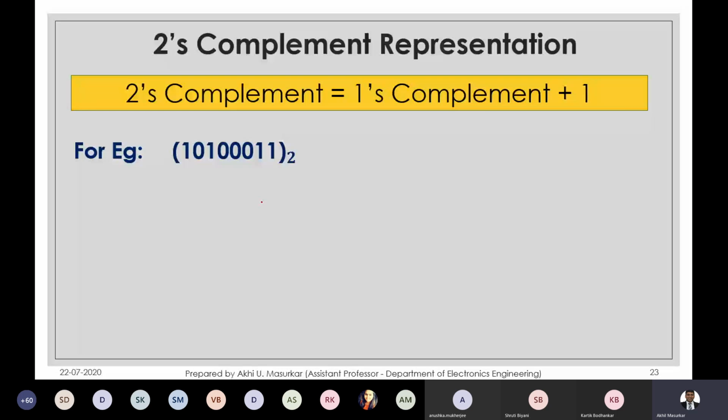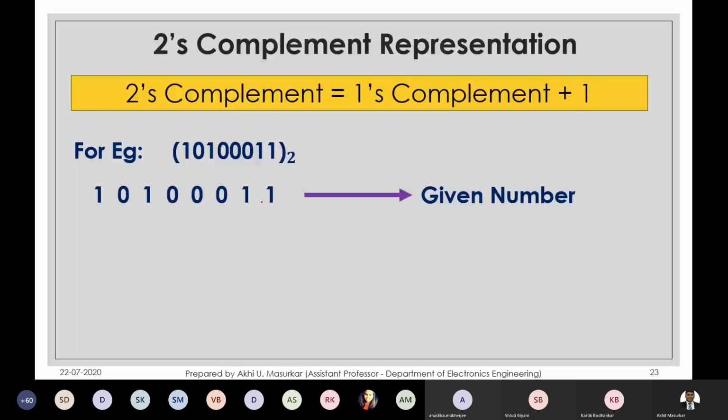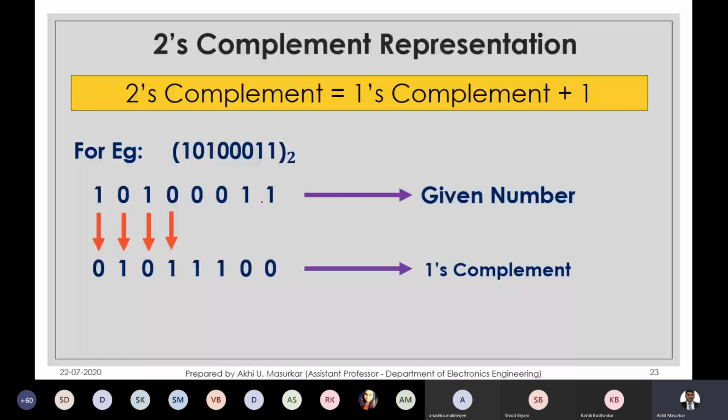Many have posted it. Anushka, Sanmesh, Pratik, Sanjana, Yash. This is your given number. This is the 1's complement. And when you add 1 to this, what is 0 plus 1? 1.